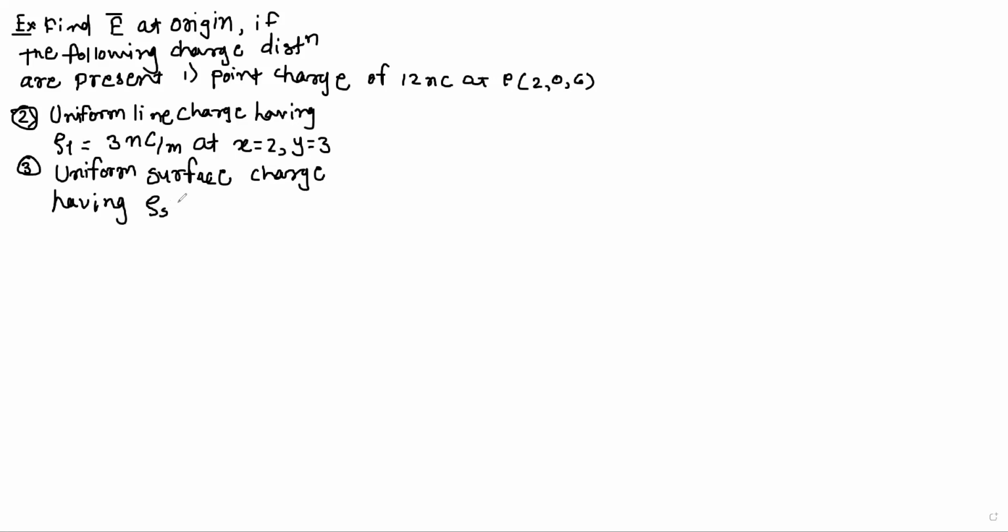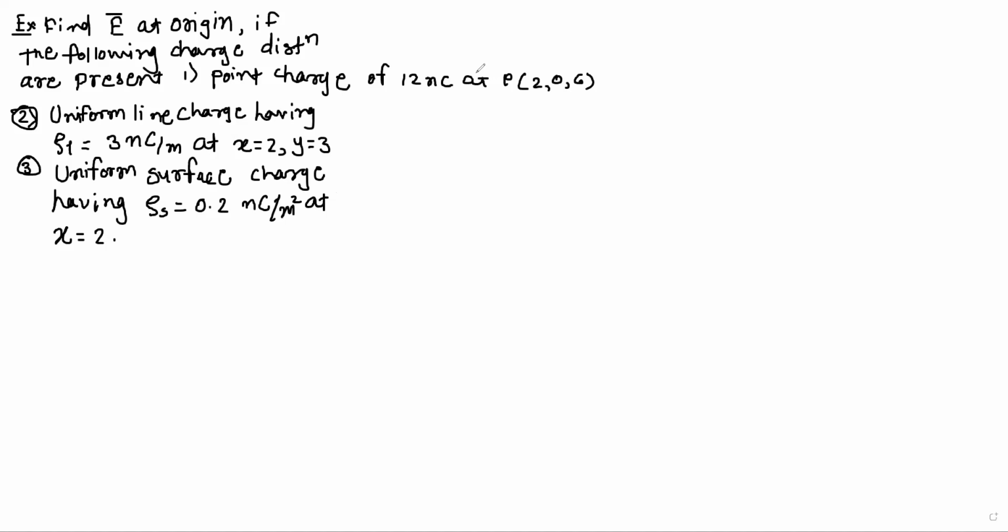Rho s is surface charge density, that we know, right? So this is 0.2 nanocoulomb per meter square at x equal to 2. So this is the example.